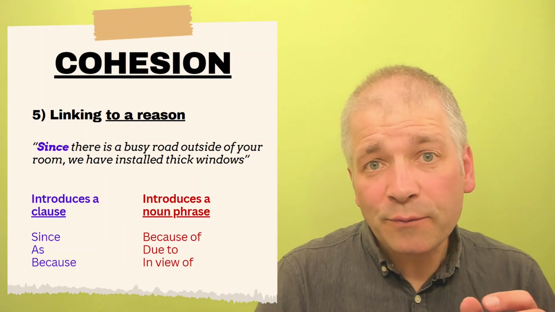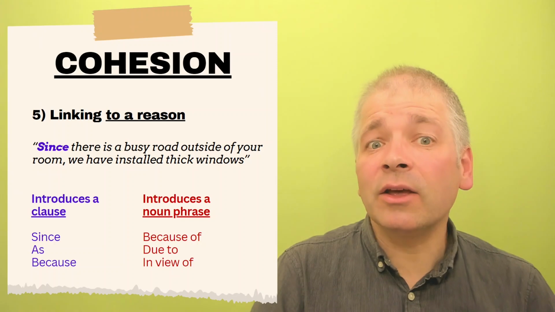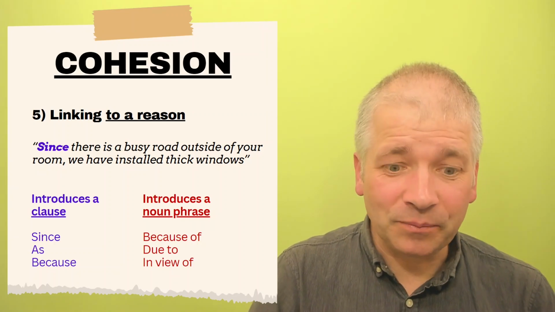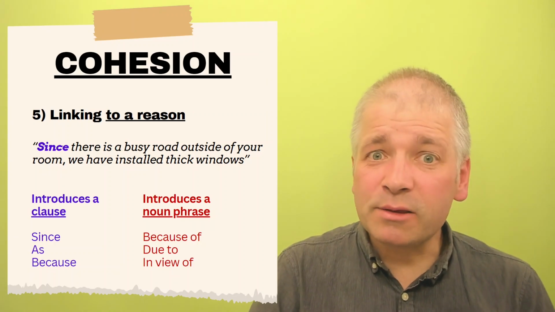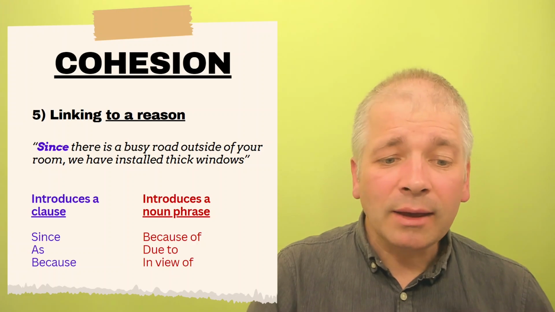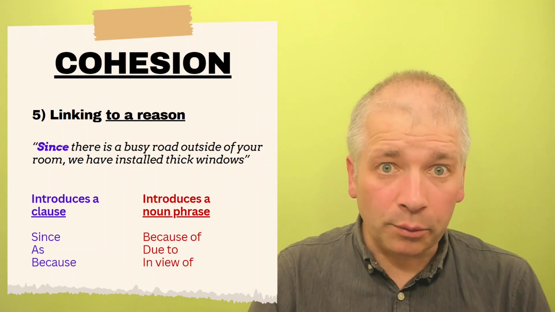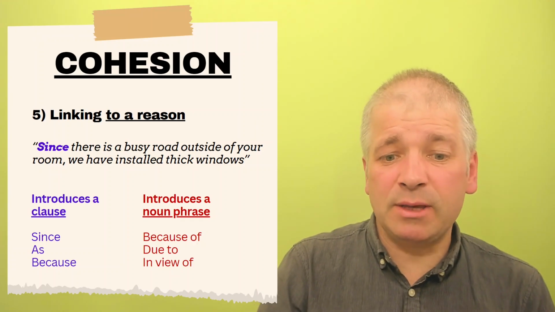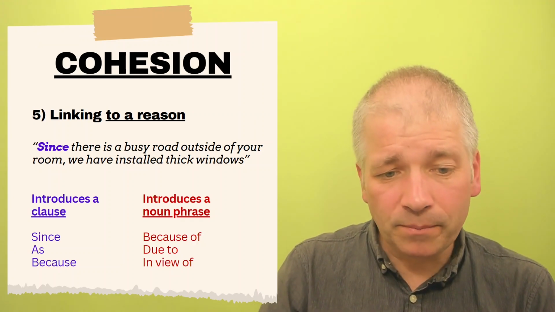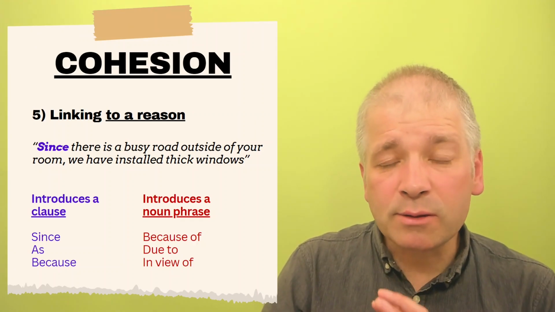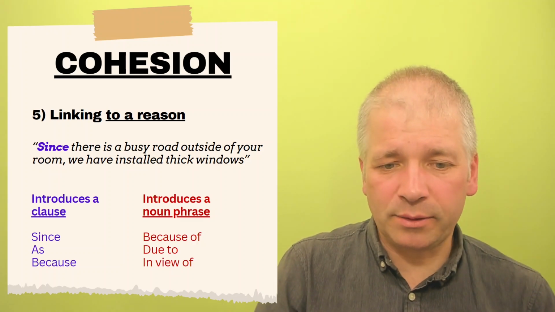And we also have phrases that link to a reason. For example, since, as, and because can introduce a reason in a clause. For example, since there is a busy road outside of your room, we have installed thick windows.